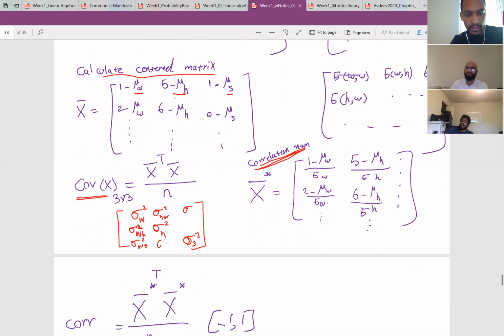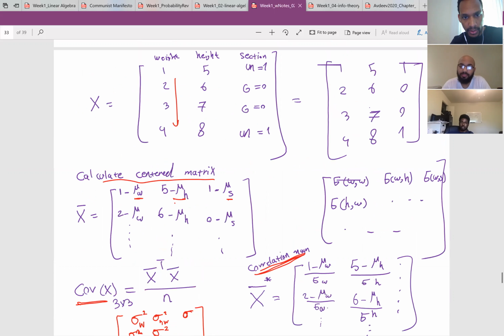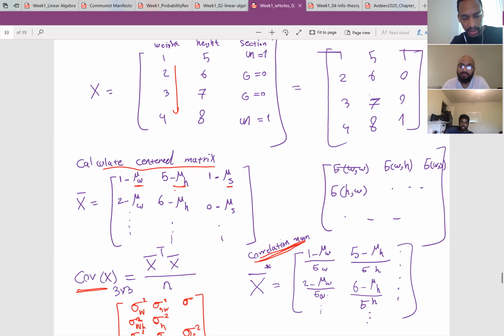Okay, so you can find the covariance for the centered matrix, but the correlation matrix, actually, no, Steve, you can scroll up a little bit. I just want to look at what the centered matrix looks like. Where all you do to center it is you change each data point such that it's relative to the mean.